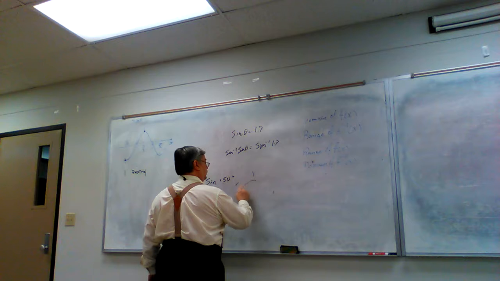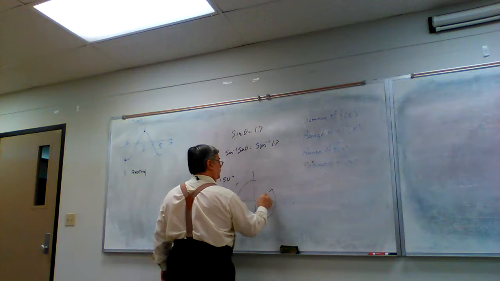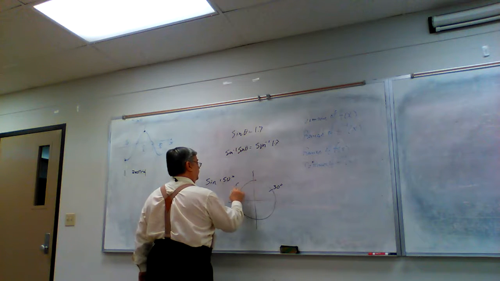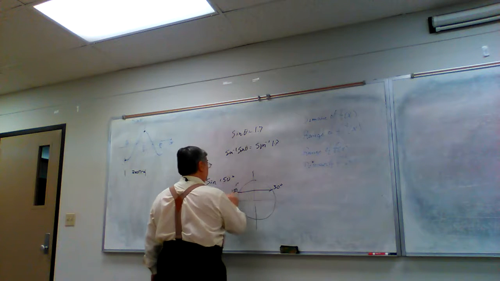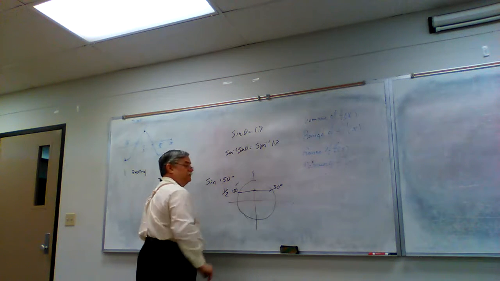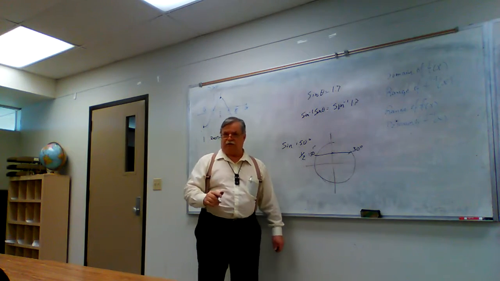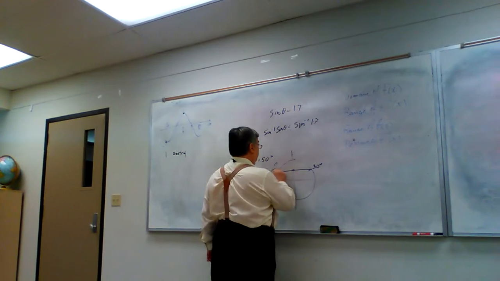Try this again. Here's 30 degrees. Here's 150 degrees. You take the sine of 150 degrees, it gives you 1/2. But if you then take the inverse sine of that 1/2, it's not going to give you 150.